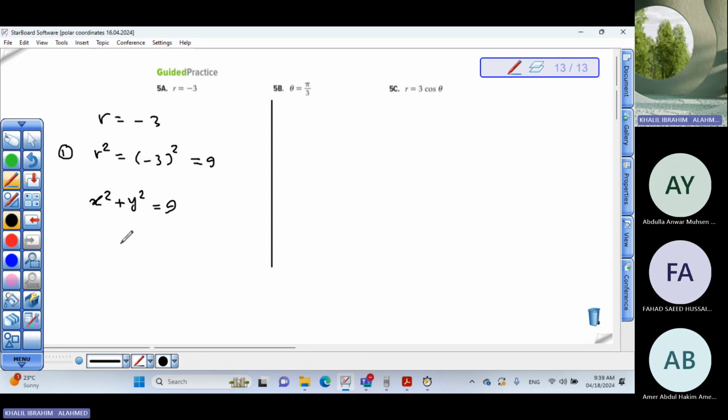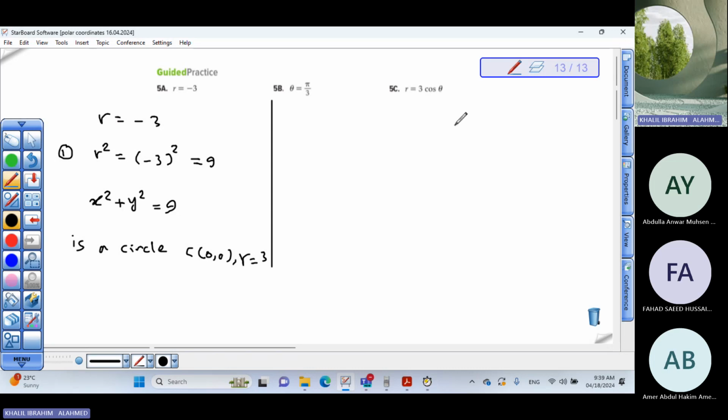The answer here is a circle, with center (0, 0), the origin, and radius r equals 3. That's it. It's easy.